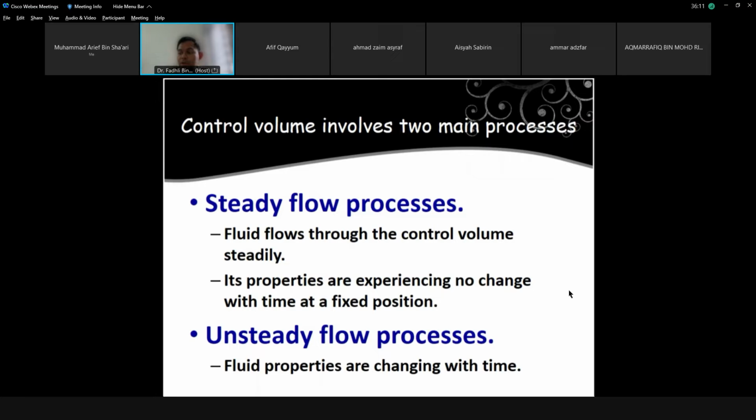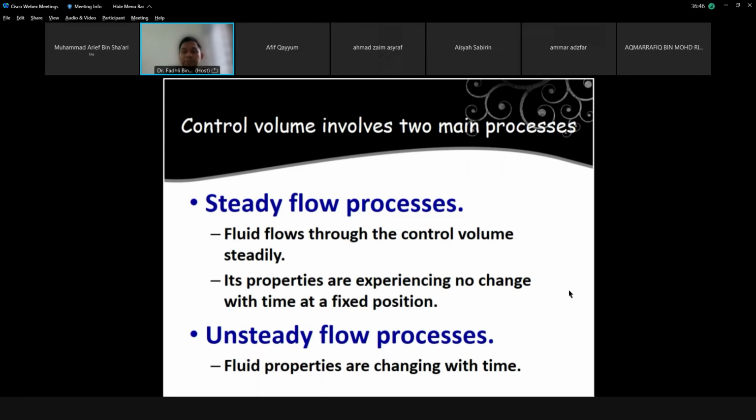So if you go for work in future, then you will see unsteady flow process. Okay, but for our level, because we are still in a basic knowledge of thermodynamics, we assume that all of the processes for control volume are in steady flow process.